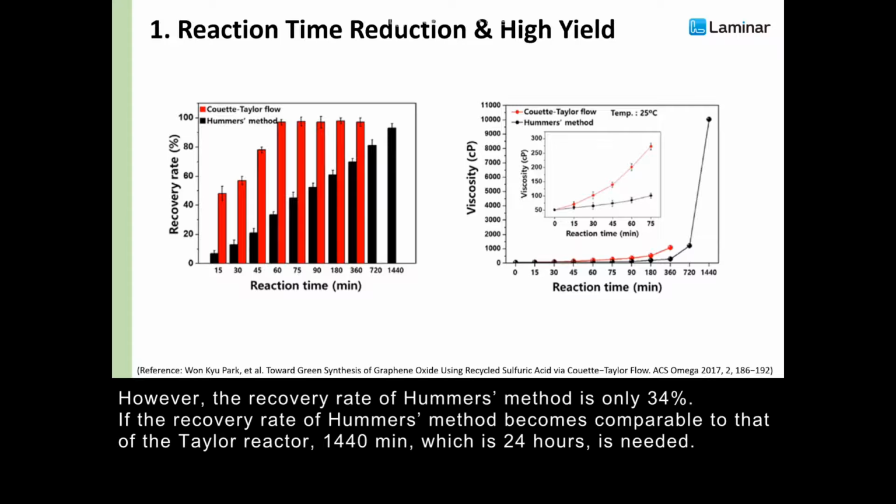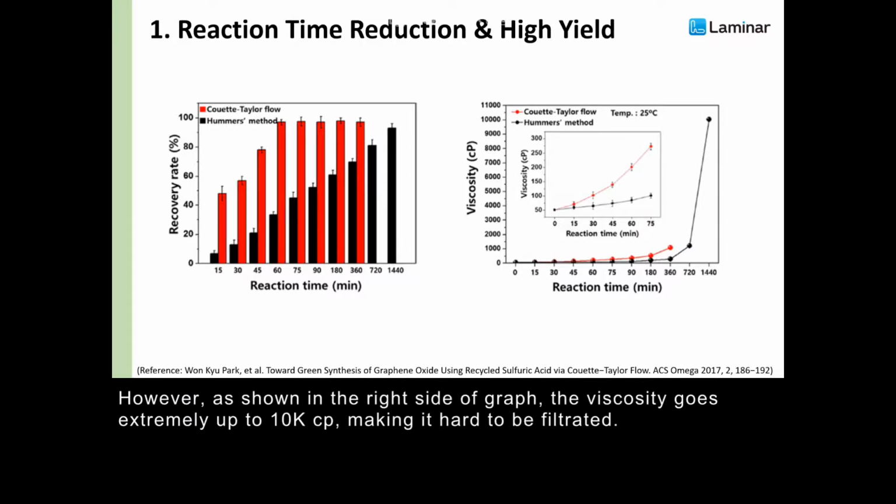If the recovery rate of the Hummers method is to become comparable to that of the Taylor reactor, 1,440 minutes, which is 24 hours, is needed. However, as shown on the right side of the graph, the viscosity goes extremely up to 10 kcP, making it hard to filtrate.